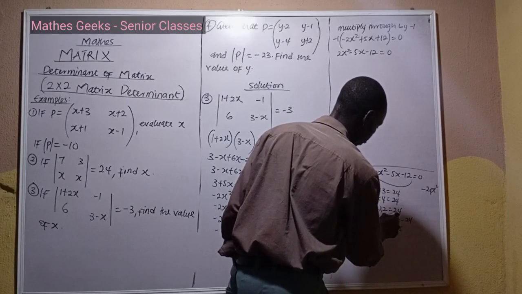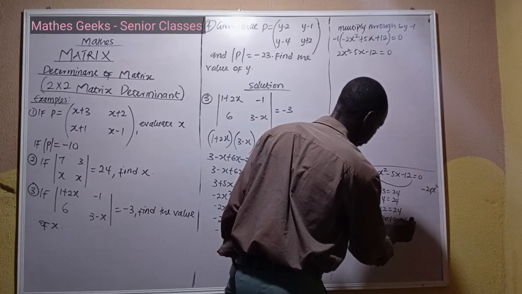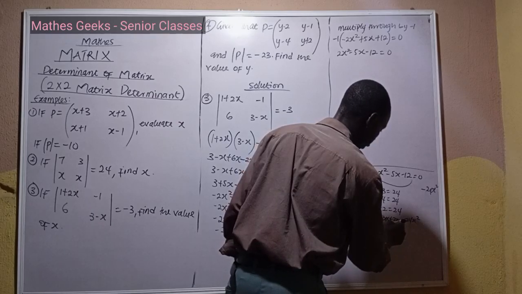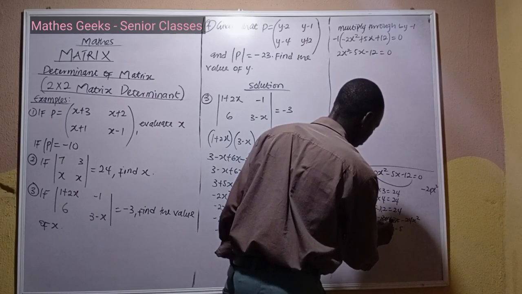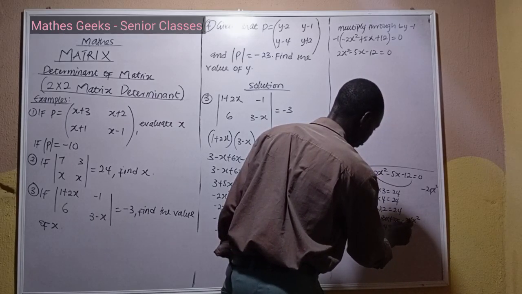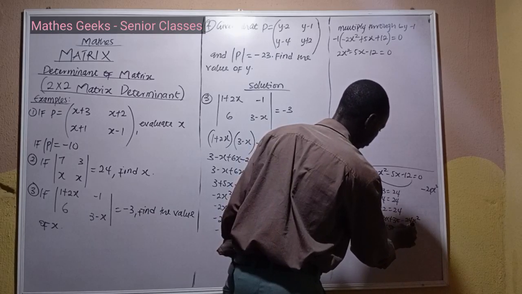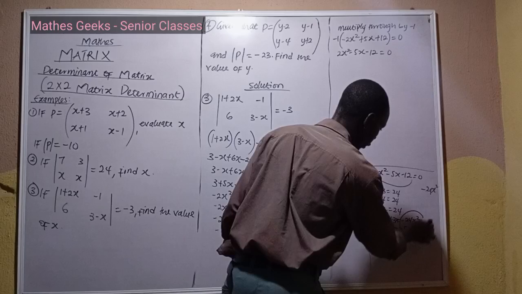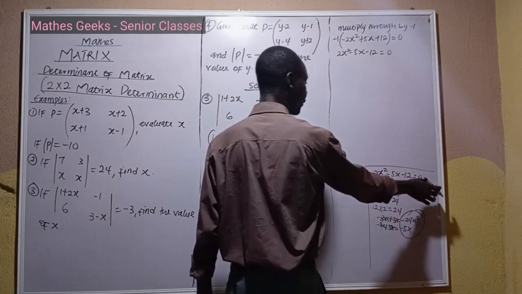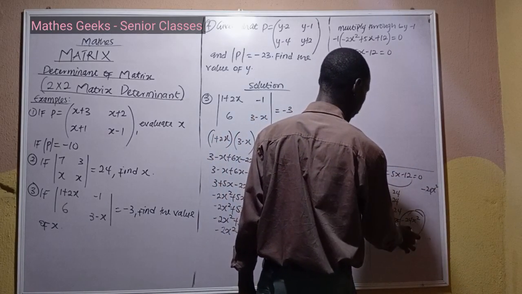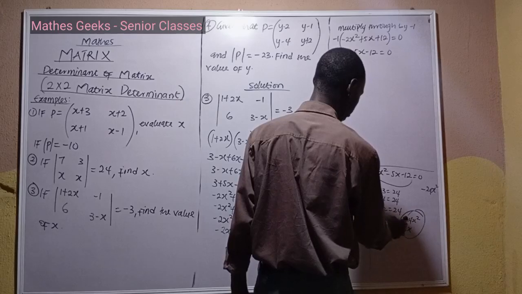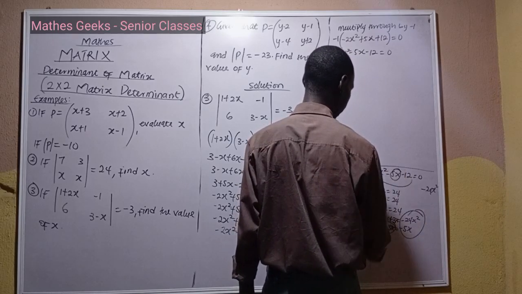This is exactly what we have here. So we put these two factors in place of minus 5x.